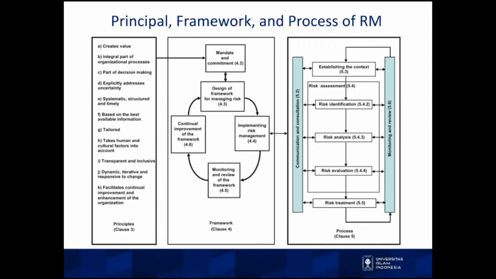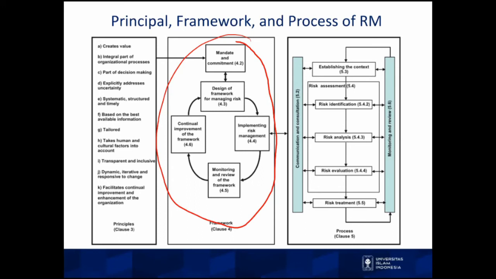From the principles of risk management, we move to the mandate and commitment. In ISO 31000, mandate and commitment can be found in clause 4.2. So we go back to this figure. The middle part of the figure is the framework of risk management.